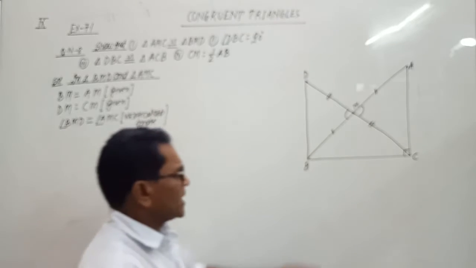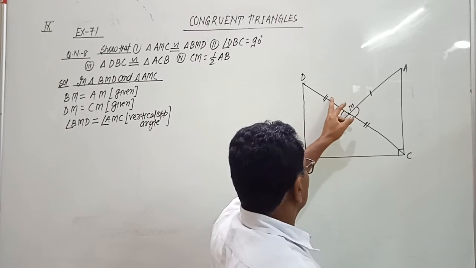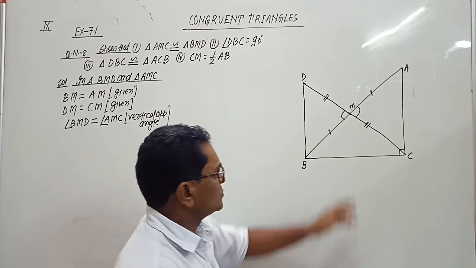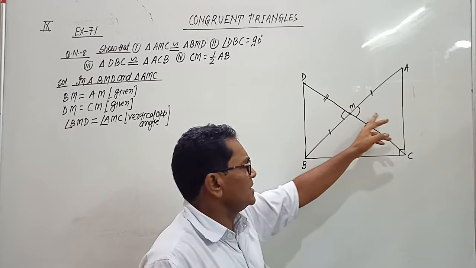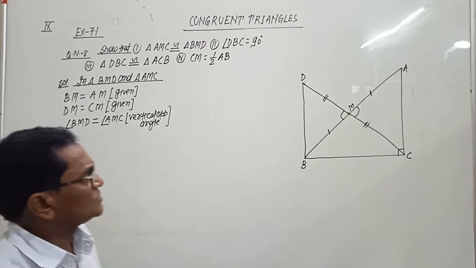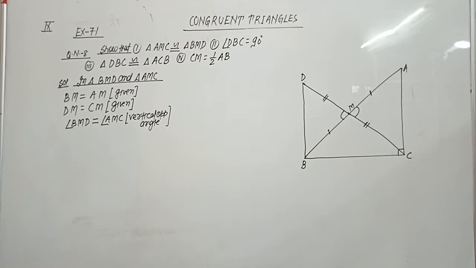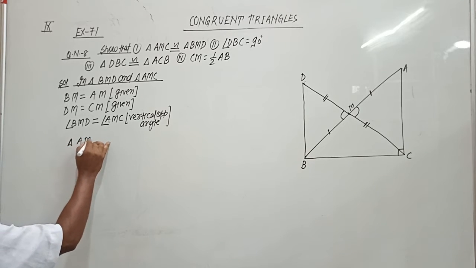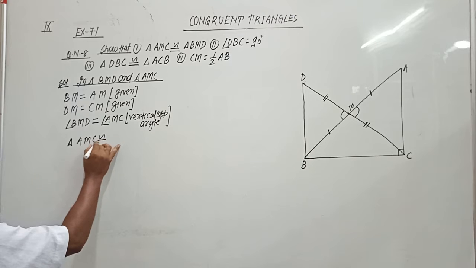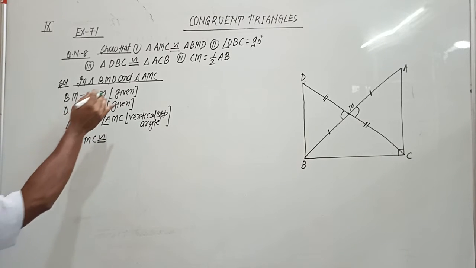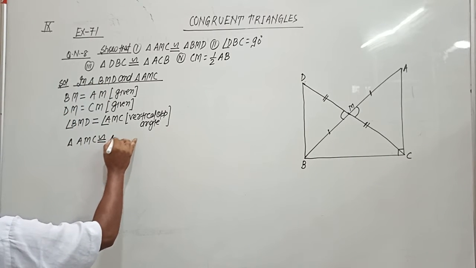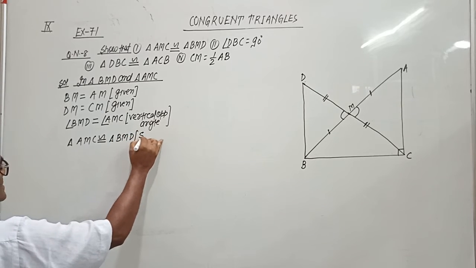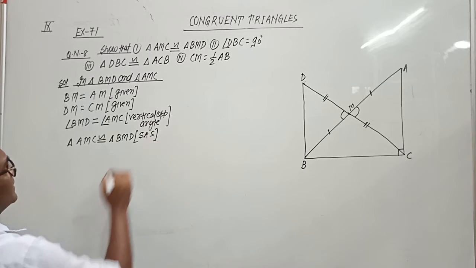So in these two triangles, two sides and included angle are equal. So by SAS, these two triangles become congruent. So we write that triangle AMC is congruent to triangle BMD by side angle side.